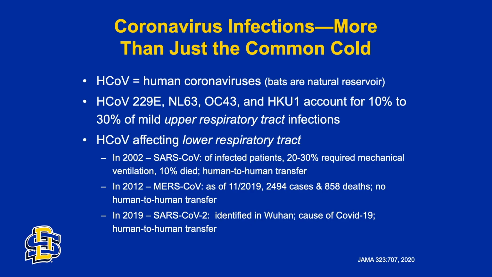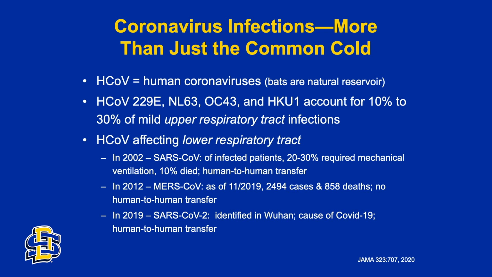Now, you've heard on the news or on social media, people are saying that this is just like the common cold, because coronaviruses do cause the common cold. So that's the main cause. The human coronaviruses that usually cause the common cold are limited to the upper respiratory tract.